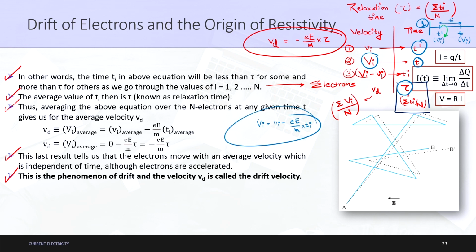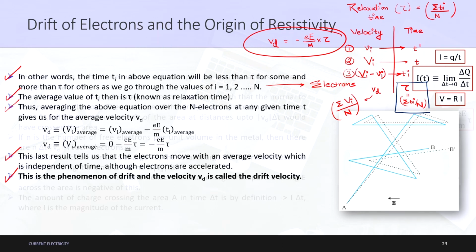Hence, using this and the average concept, we finally found the drift velocity, Vd, which is equal to minus eE by m into tau. Using this equation we can directly say that Vd does not depend upon time; it only depends upon the relaxation time, which is a constant value that we can directly find. Okay, so let us move on with our further discussions for today.